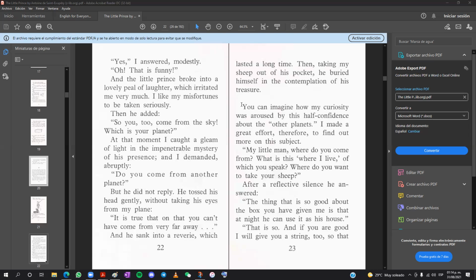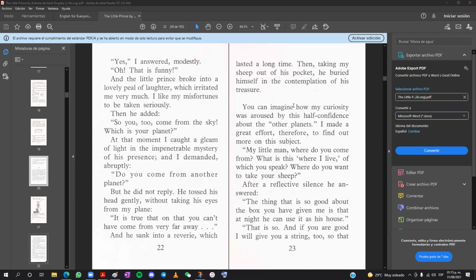You can imagine how my curiosity was aroused by this half confidence about the other planets. I made a great effort, therefore, to find out more on this subject. Ok, muy bien.